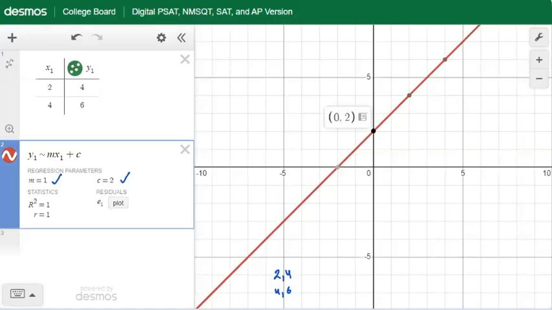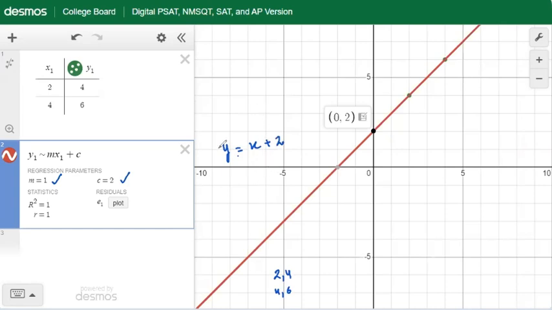What should be the equation of the line in these terms? I can say that the equation of the line should be y equals 2x plus, I'm sorry, it should be x because the slope is 1. So y equals x plus 2, correct?